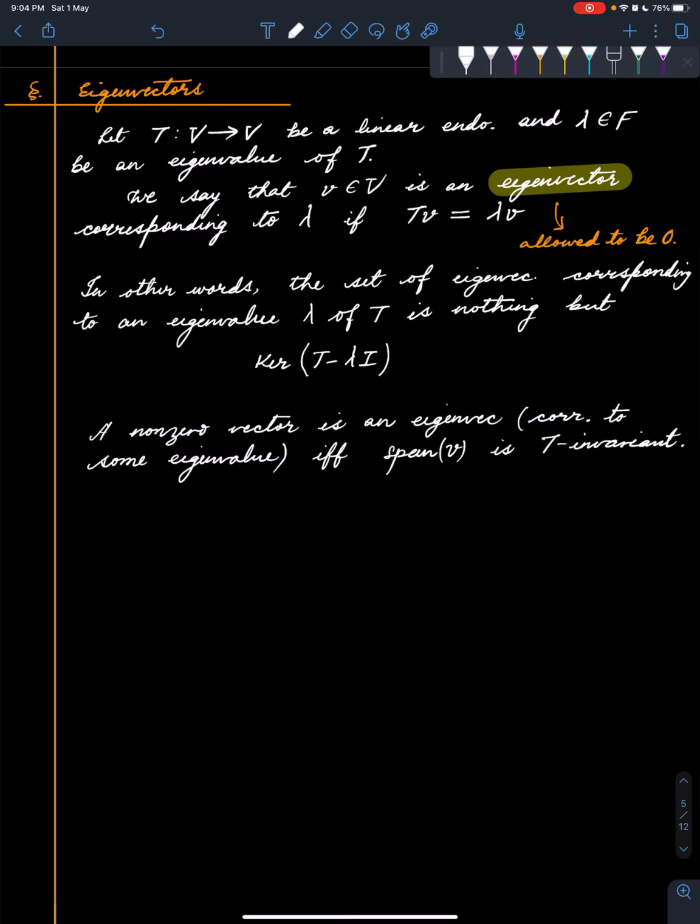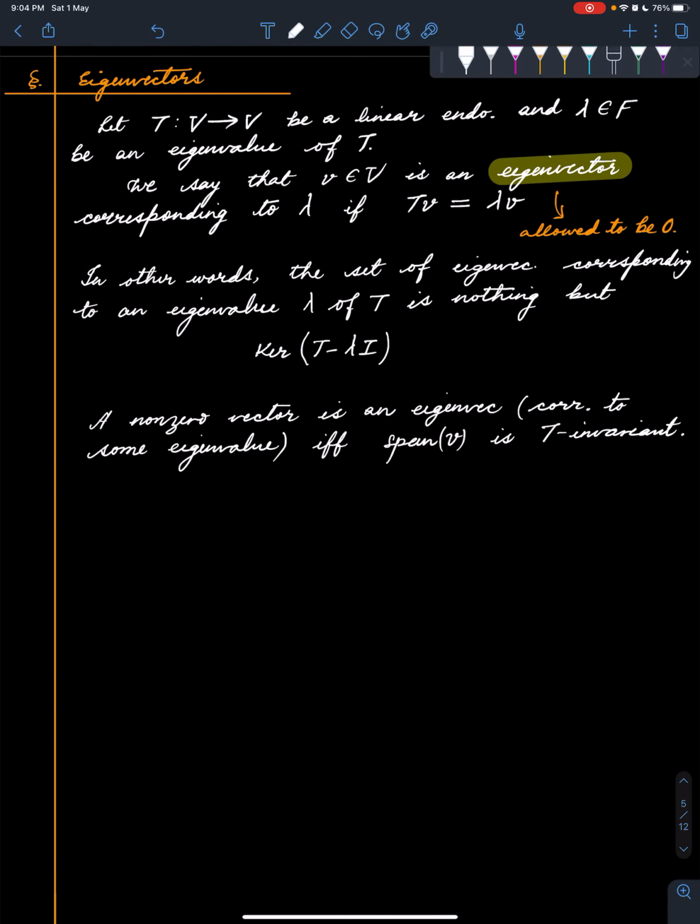And we'll make use of this simple observation many times later. Just let me put this as a remark. So this is a one-dimensional subspace because the vector is supposed to be non-zero.